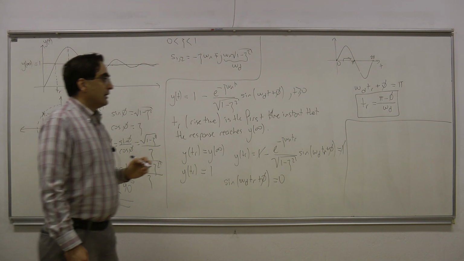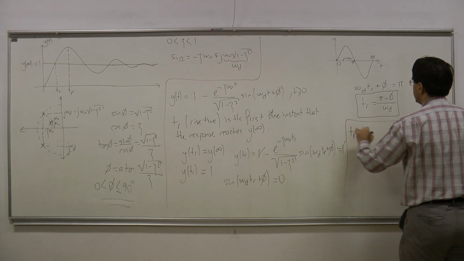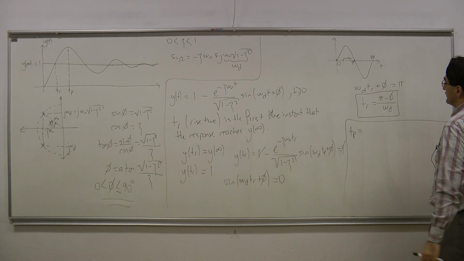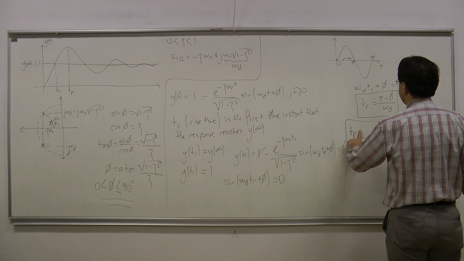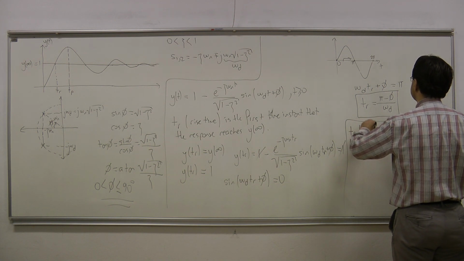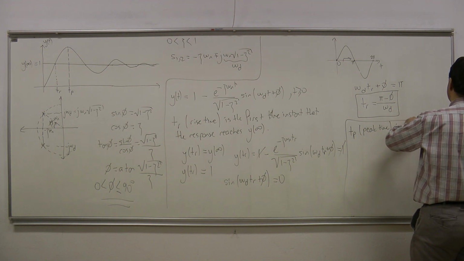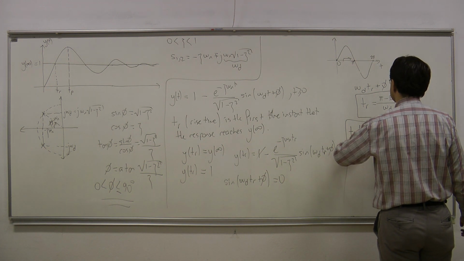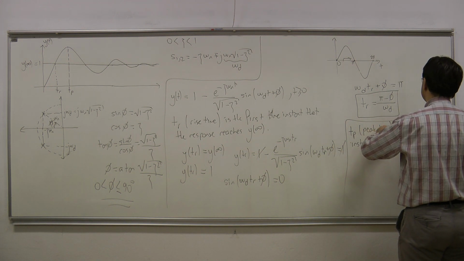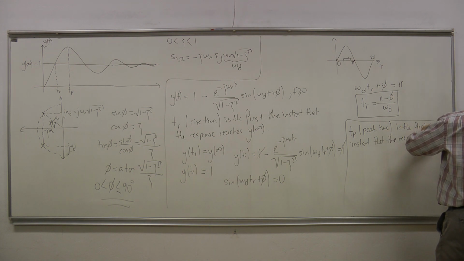Okay? And now we are going to define and try to find that TP value using a similar type of idea. TP is called the peak time. Is the first time instant that the response makes a peak.